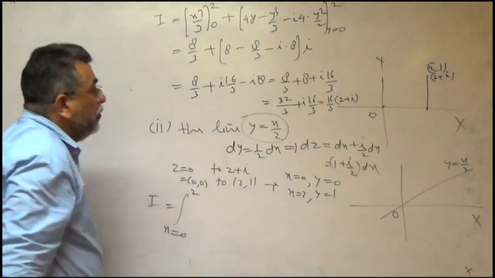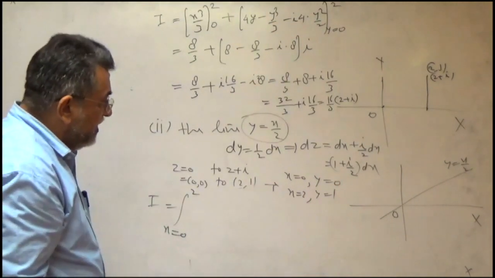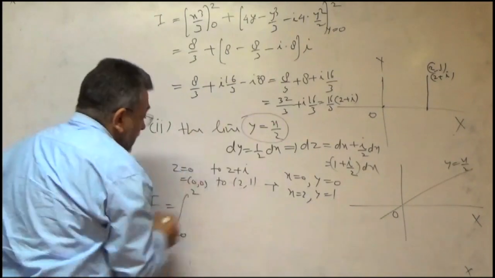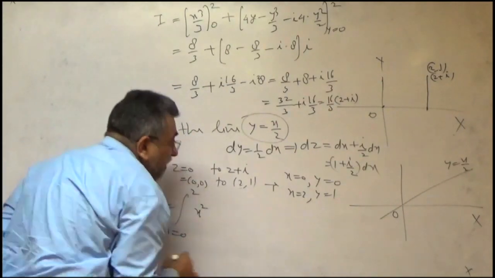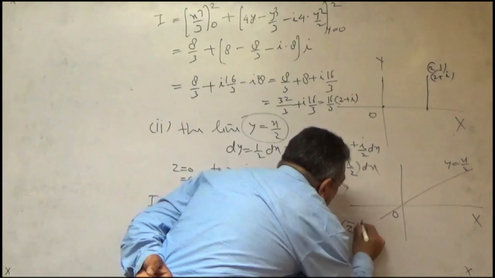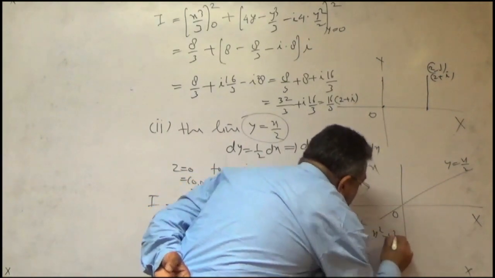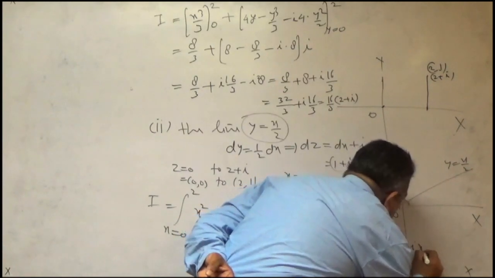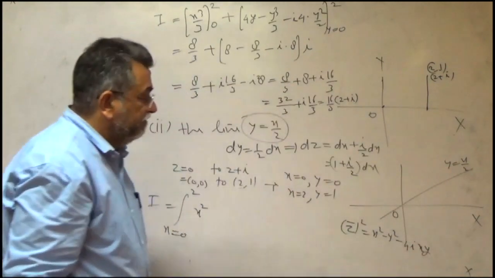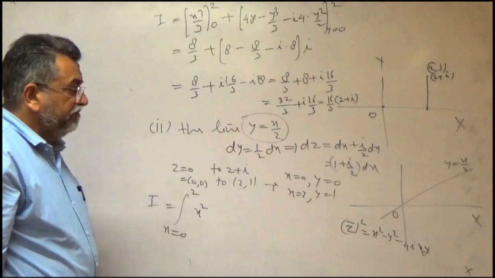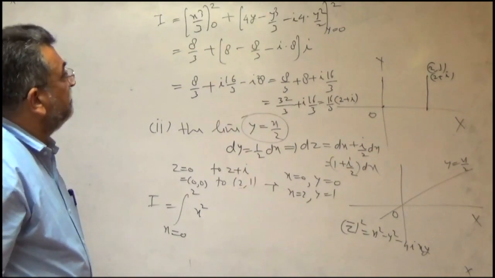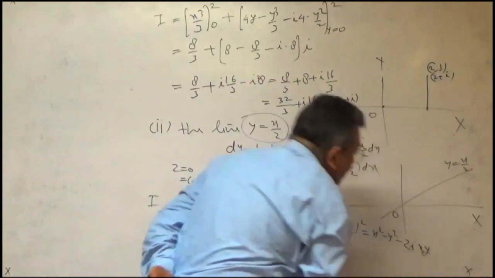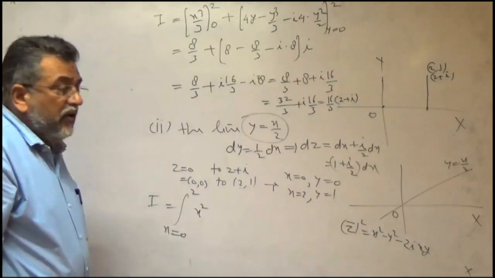This is the limit, and this expression we have opened: x square, because we have z bar square, open this, that is x square minus y square minus 2i xy.